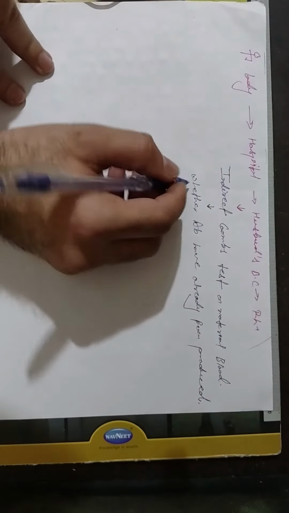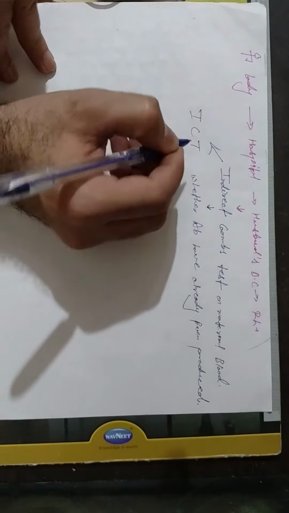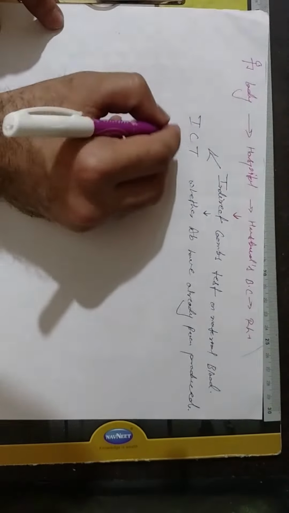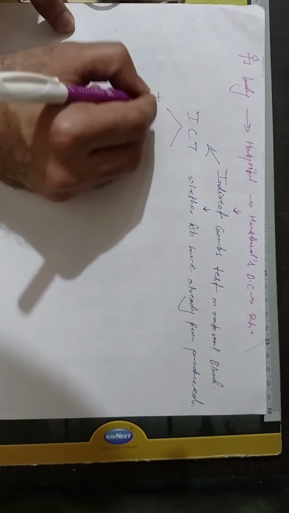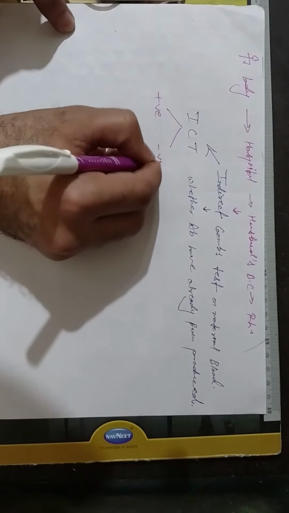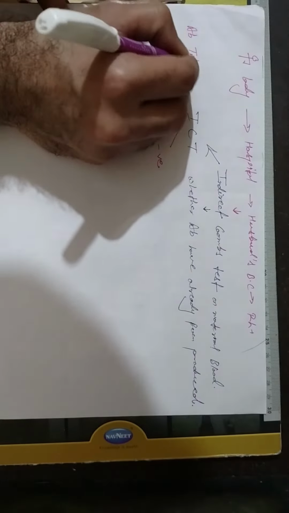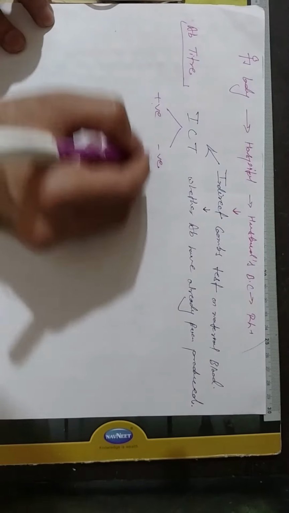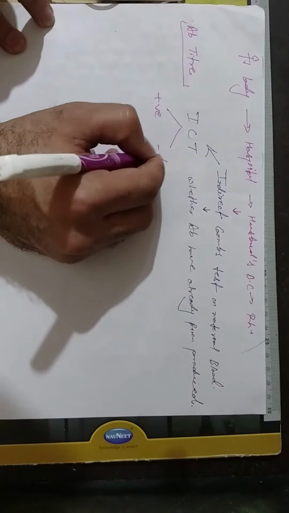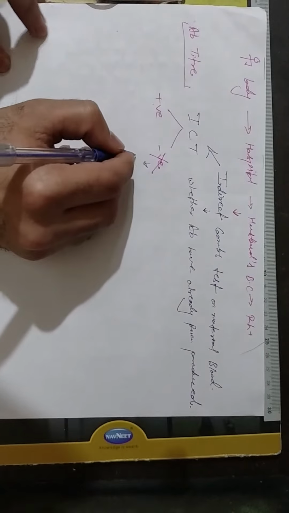Do you all know how to read the results of ICT? ICT can be positive, can be negative. What we are checking in ICT? We are checking antibody titer. Negative means no antibodies are there. If no antibodies are there, we have nothing to worry.